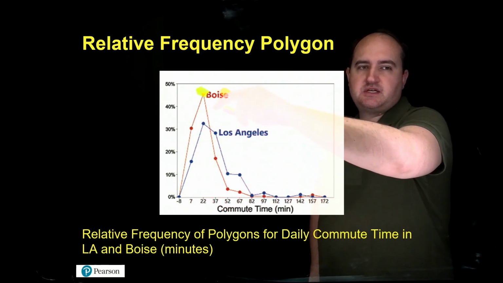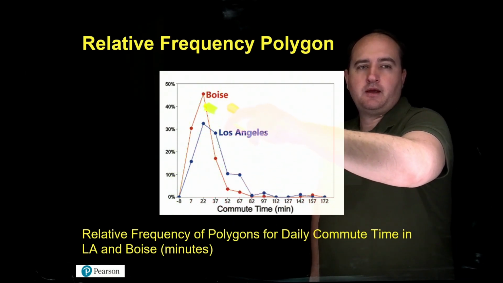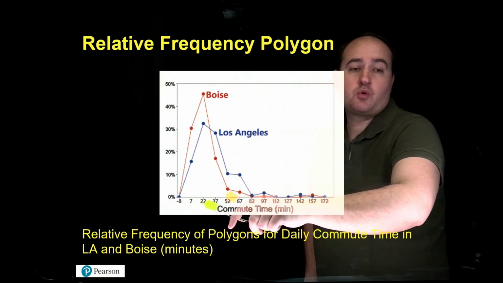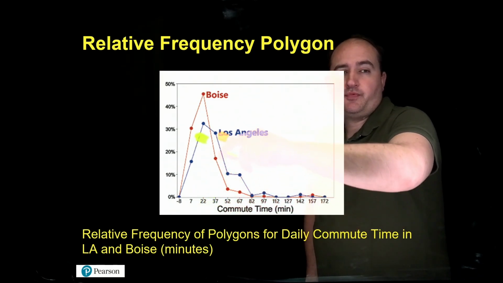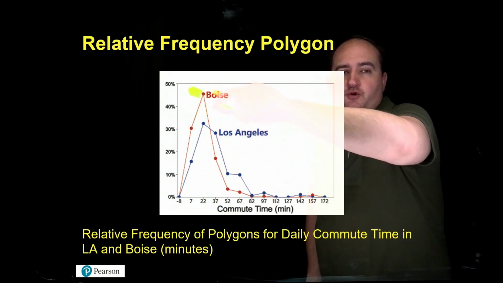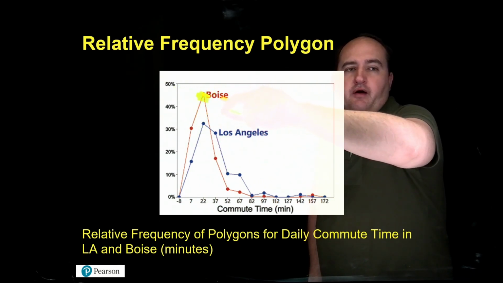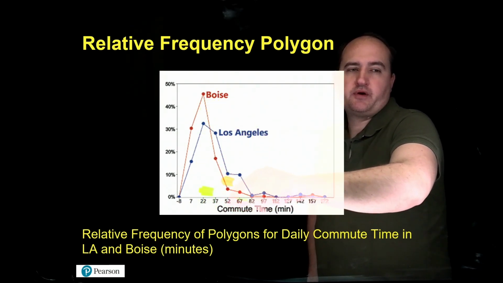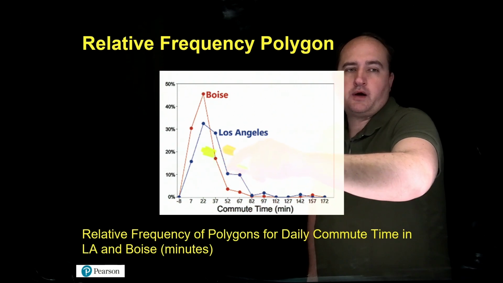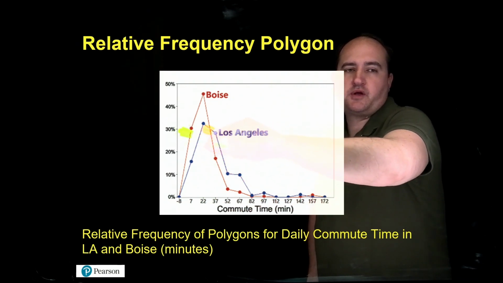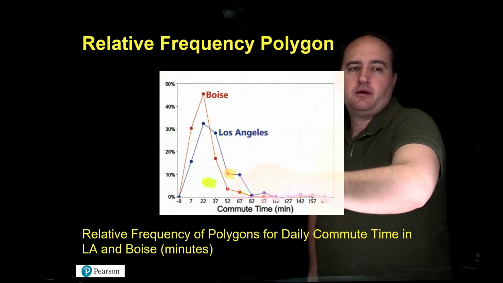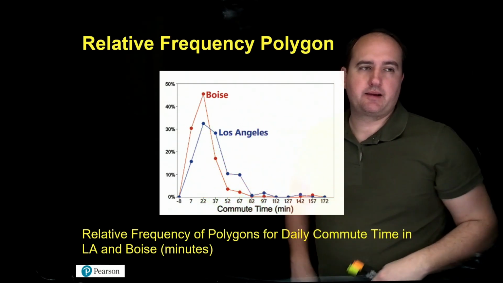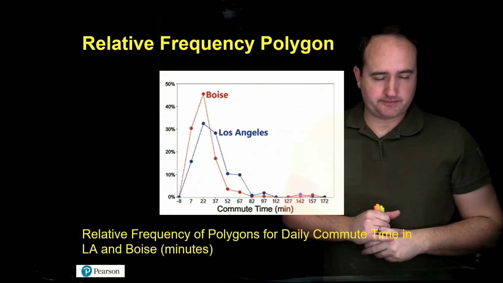And for example, we can see that here in Boise, a commute time with a class midpoint of 22 minutes is more common. It's almost 50% of the commuters in Boise had a class midpoint of 22 minutes, whereas only a little bit over 30% of the commuters in Los Angeles had that same range of commute times.